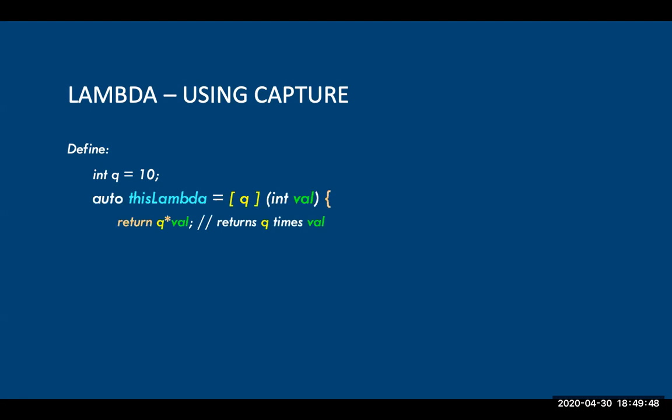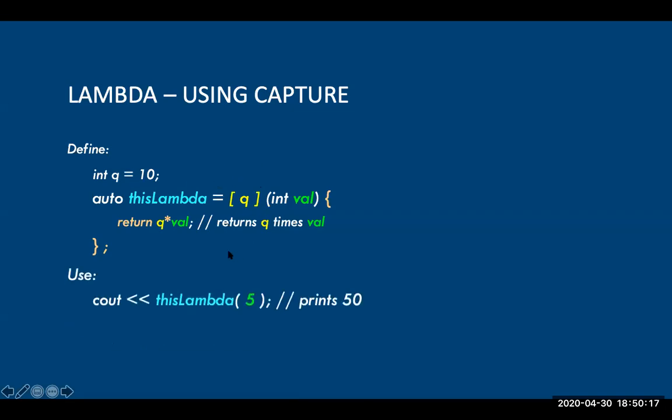So when I define this lambda, it is defined in this moment in time with that value of Q, okay? So the value of Q that exists when we define this lambda gets captured and goes into the definition of this lambda, much in the same way as if we were passing it into the constructor of a functor, okay? So now that lambda is specific to whatever that value of Q was when it was captured.